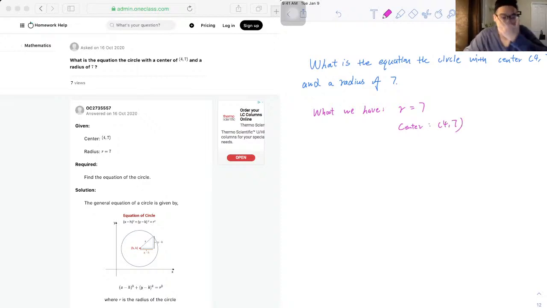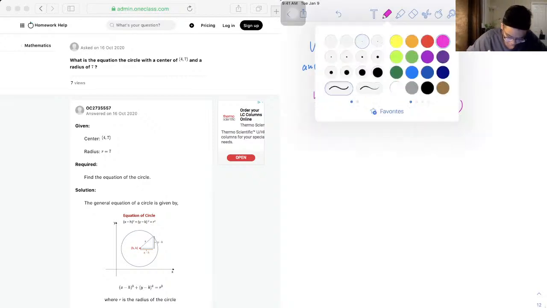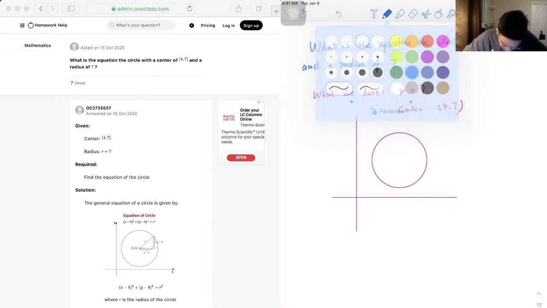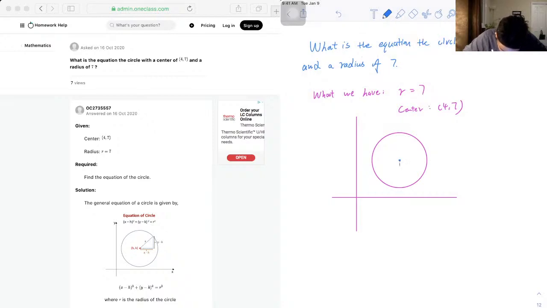So first, let's draw down the diagram to help us better understand this question. So it should be a graph that looks like this. So let's see, the center is 4, 7.